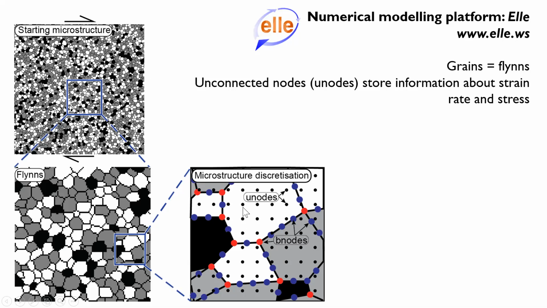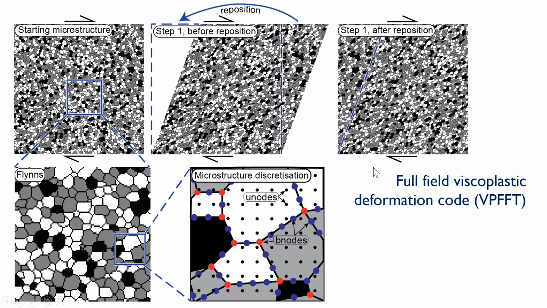And we also have the network of unconnected U nodes here that store information about the strain rate and the stress, as well as the orientation of the U node within the flin. So that's what enables us to determine the strain rate and the stress, or record that as the experiment proceeds. So very useful feature.